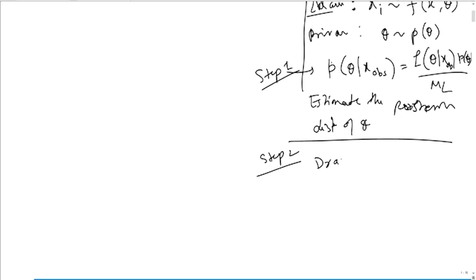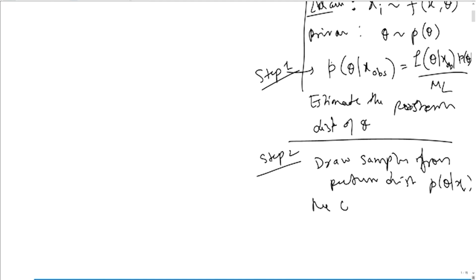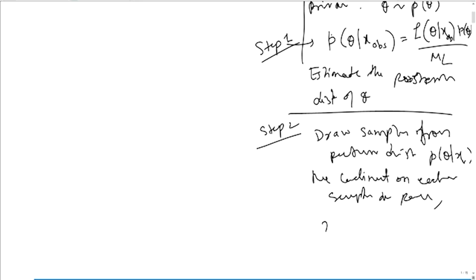What is step 2? Draw samples from the posterior distribution of theta, basically p of theta given x obs, and then conditional on each sample from the posterior, we are going to generate data, x spread, from our likelihood assumption, where theta is a sample from the posterior distribution.